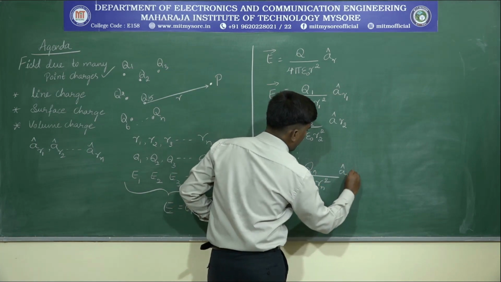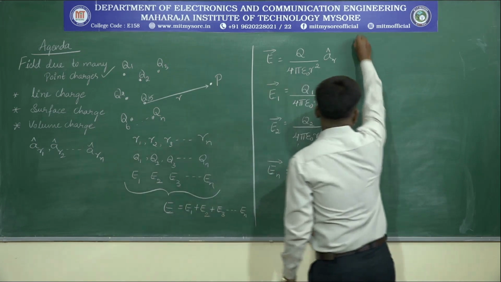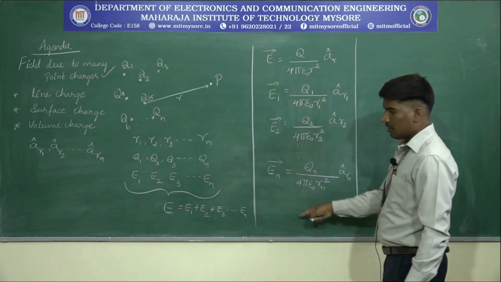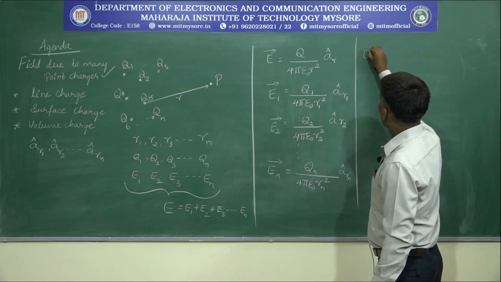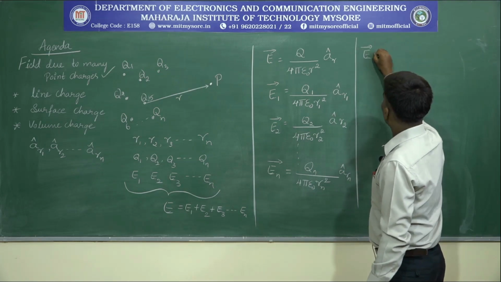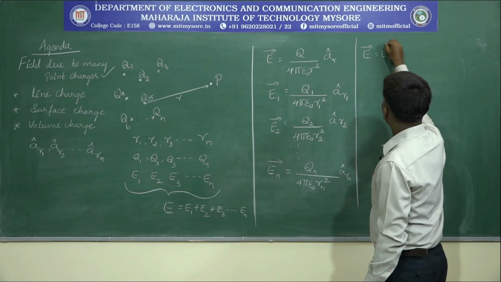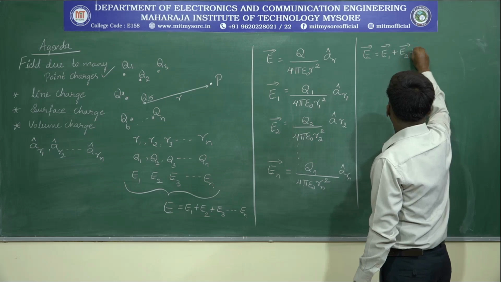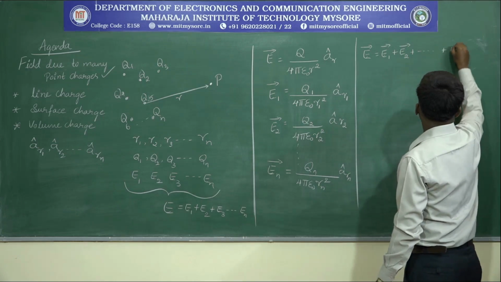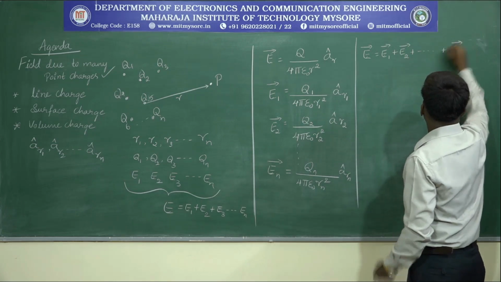Okay, so after getting these equations, if I apply the superposition principle here, E is equal to E1 plus E2 plus so on up to En.